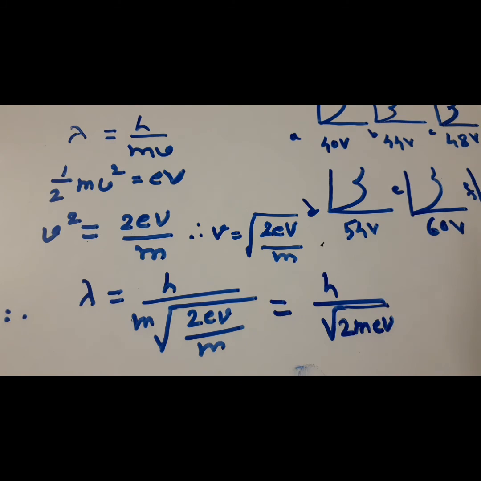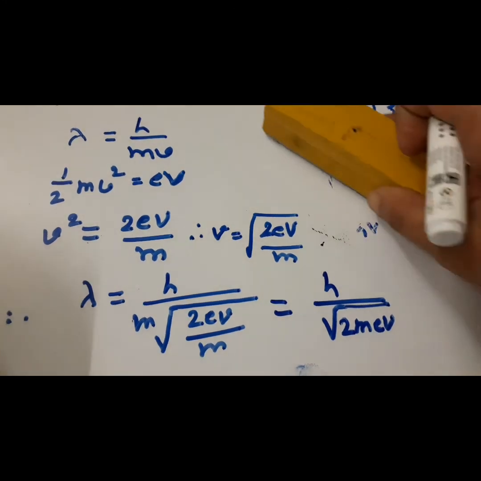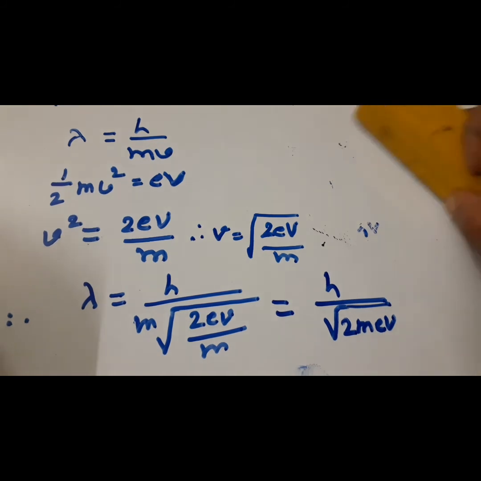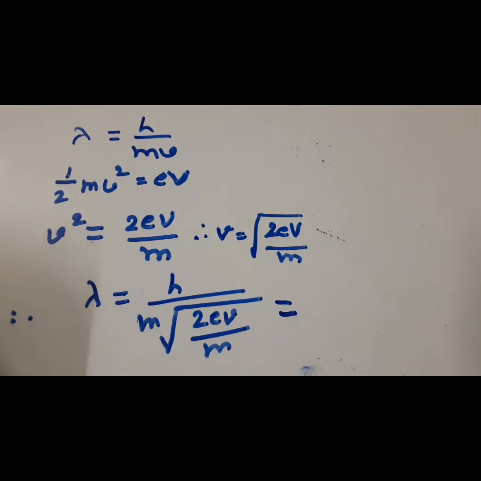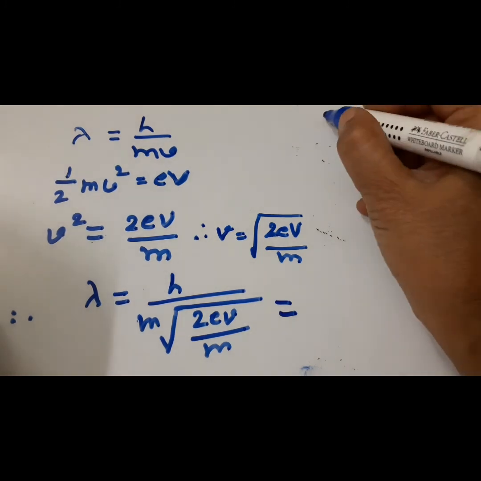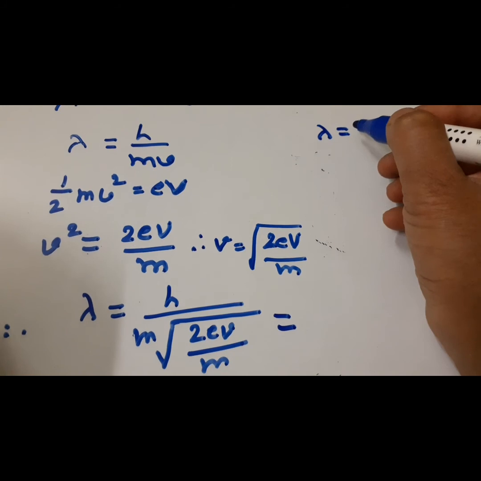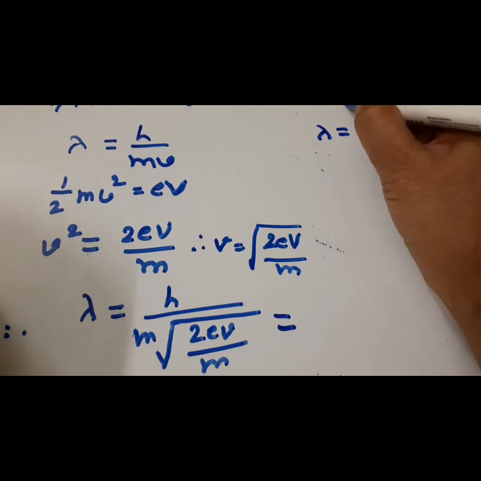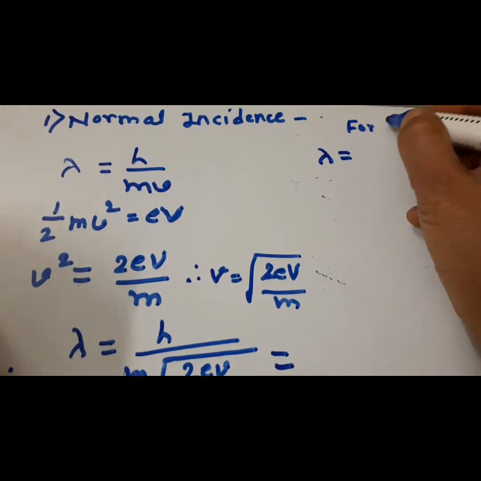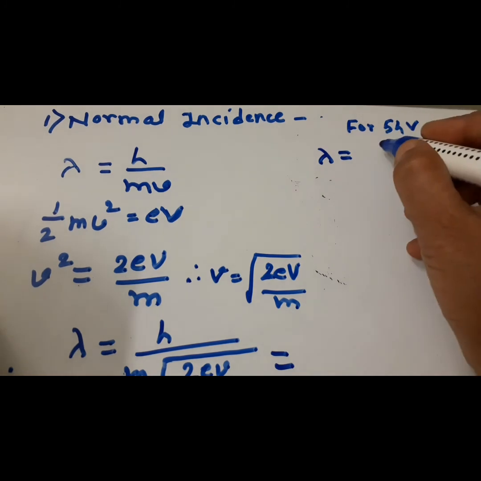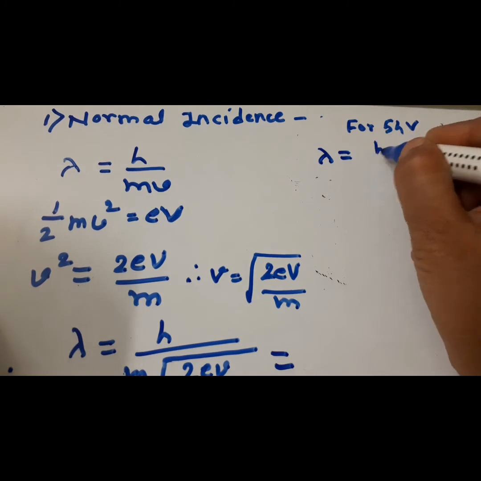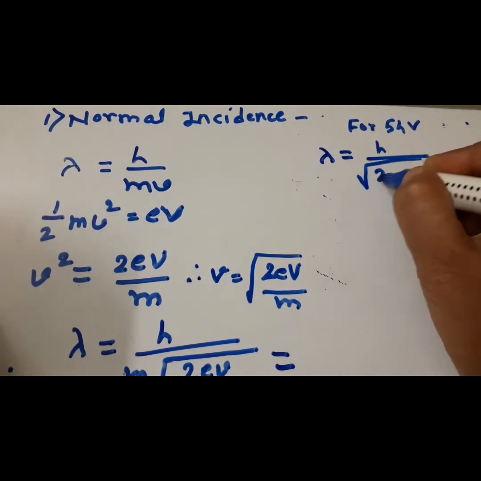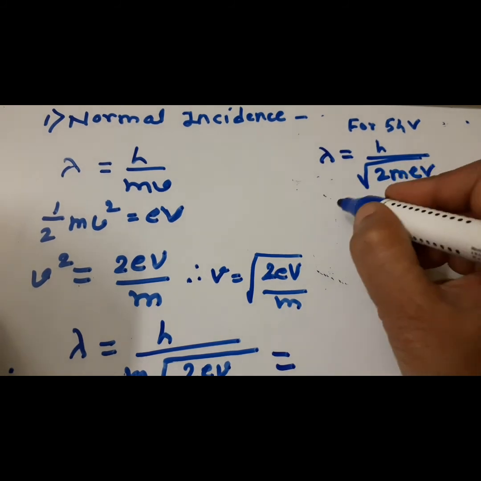Now, first of all, we have to calculate the wavelength lambda for 54 volt. For 54 volt, lambda is equal to, what is the formula? h upon under root of 2meV.